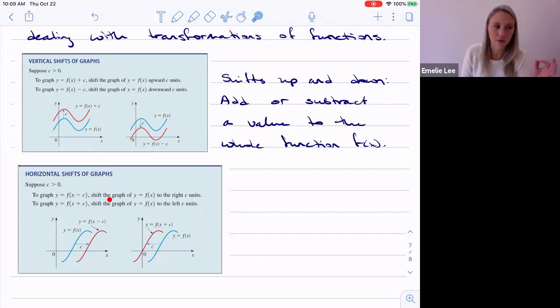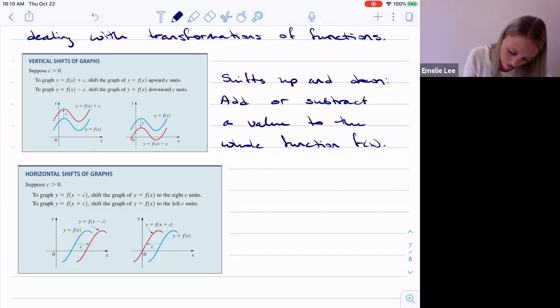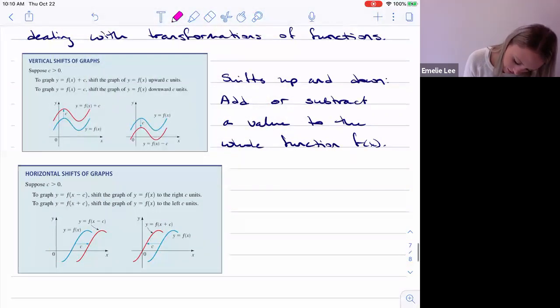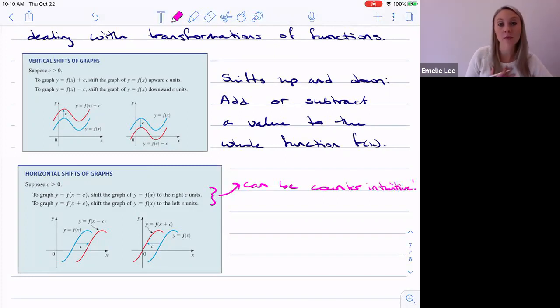That's kind of important, right? So if you're subtracting c from x in f of x, it actually moves it to the right. And if you're adding c to x, then it moves it to the left. So these can be kind of counterintuitive, at least for me.